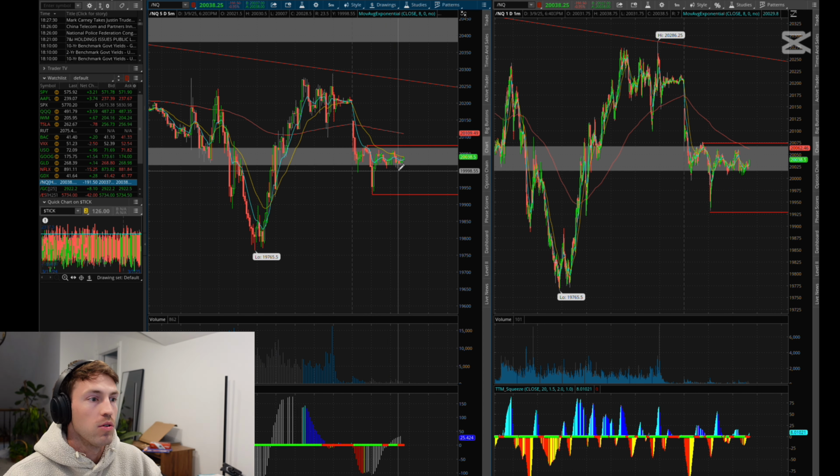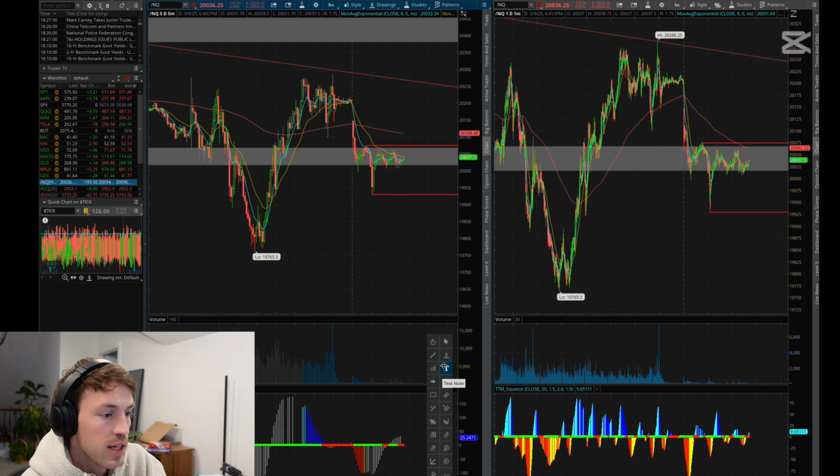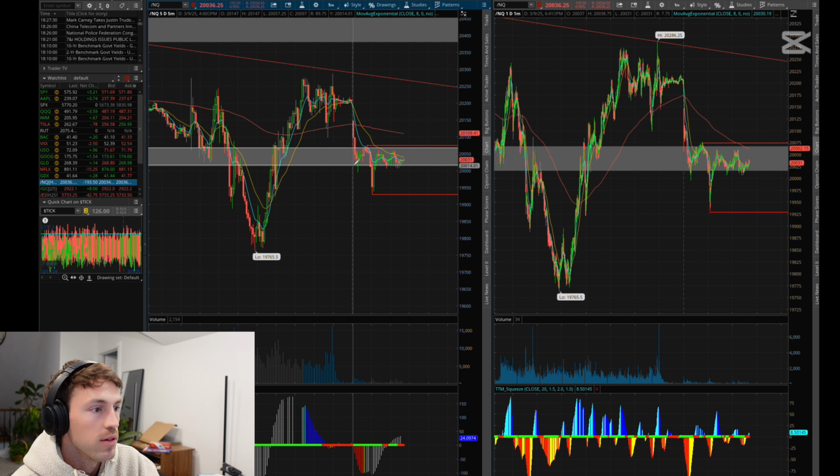Why is it so important? And the same thing here. If I'm looking for a short and it breaks this 929 level, where's my target? Well, the liquidity and the previous low is down here. So do I think it's going to test that? It probably will.